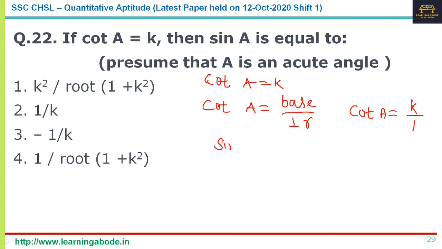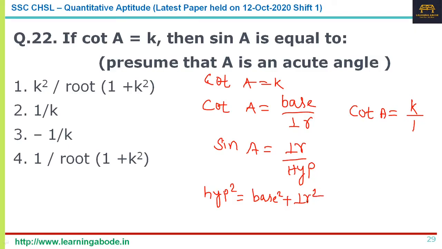Now what is sin A? Sin A is equal to perpendicular by hypotenuse. And we know that hypotenuse square is equal to base square plus perpendicular square. This is the typical Pythagorean relation. So cot A is base by perpendicular, equal to K by 1.